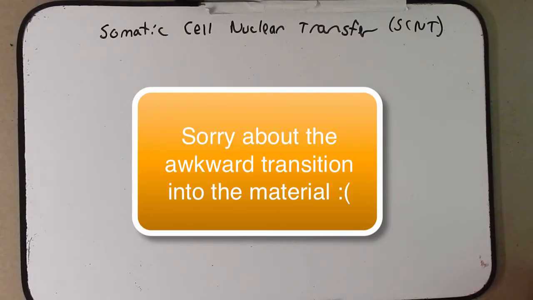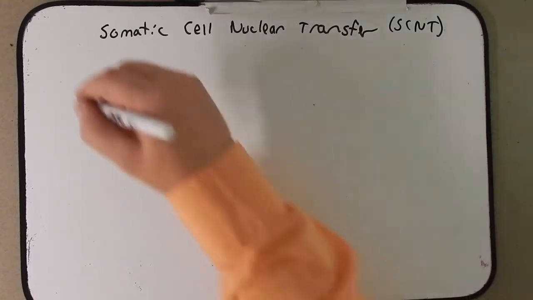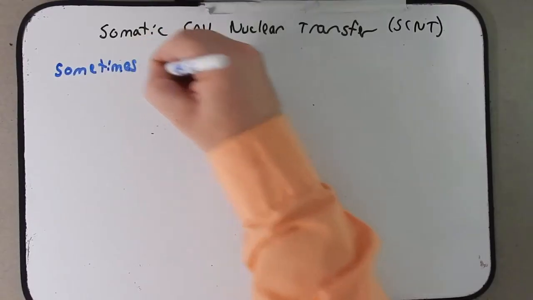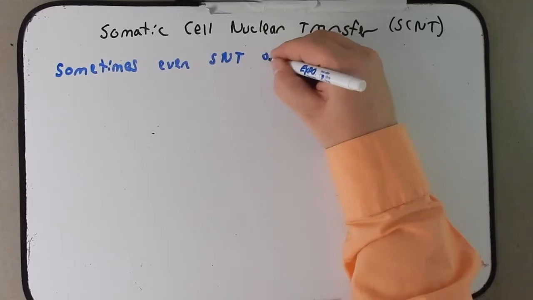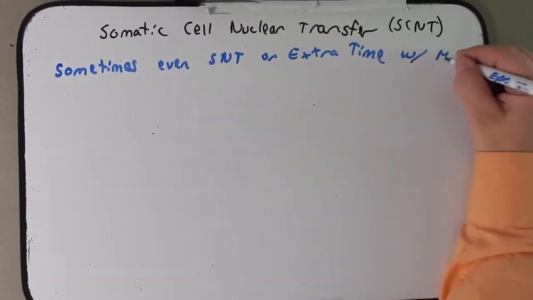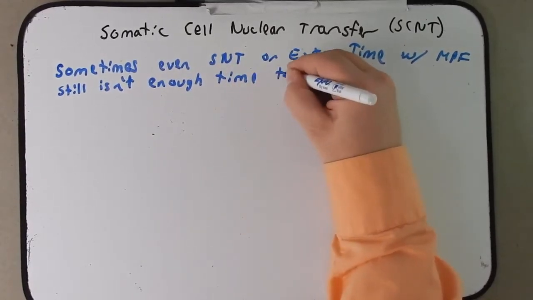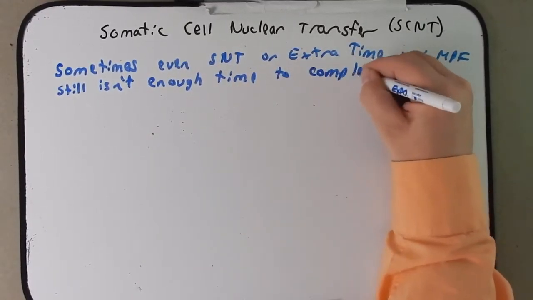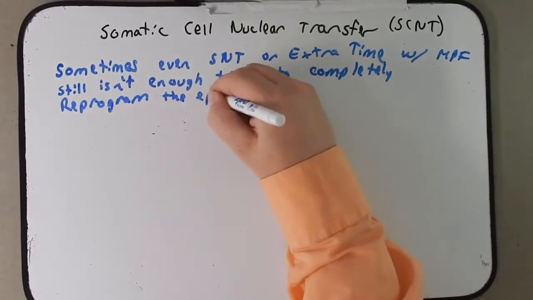Now remember, adding that nucleus into that oocyte is not something that naturally occurs. So that oocyte tries to demethylate it, and it does a pretty good job, but it's not perfect. So what I want to say here is, sometimes even that serial nuclear transfer or the extra time with NPF still isn't enough time to completely reprogram the epigenome.